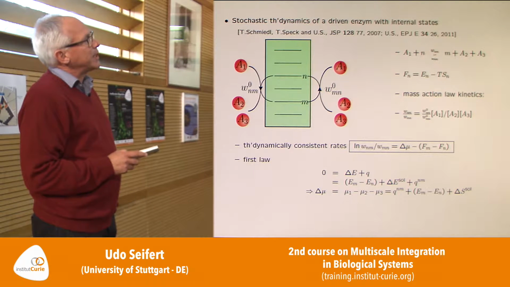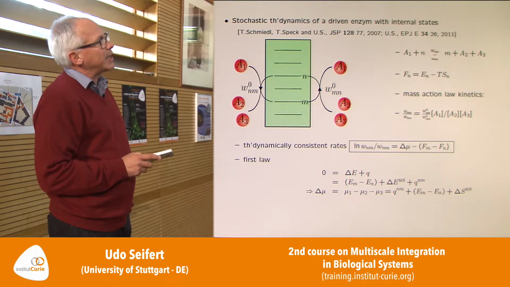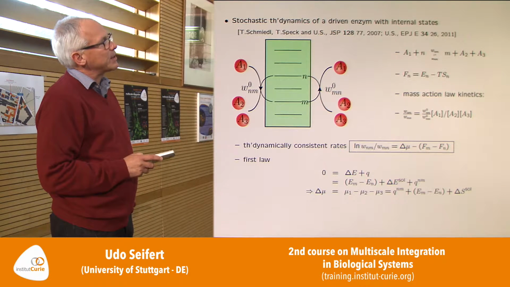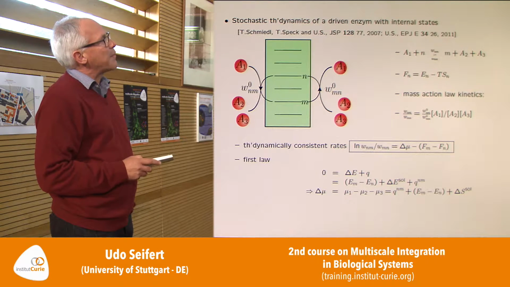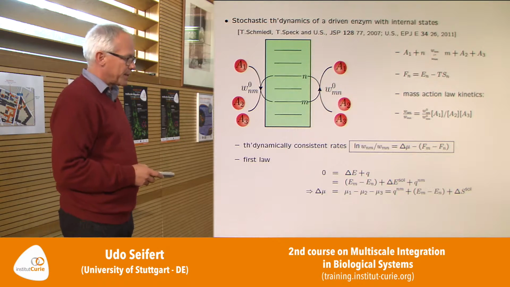The change in internal energy is the change in the energy of the enzyme, but if you have a chemical reaction, the internal energy in the solution will also change. There is this heat associated with this transition, and then when you combine things, you see that the delta mu is given by this heat and the energy change of the enzyme and also the delta S of the solution.